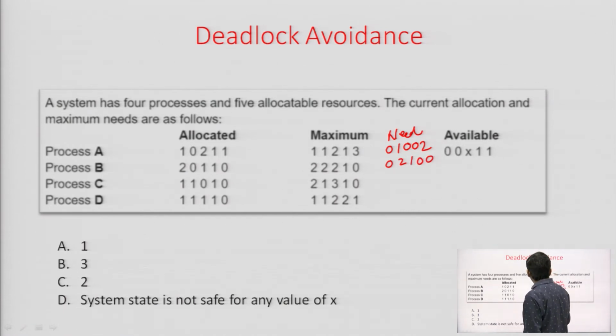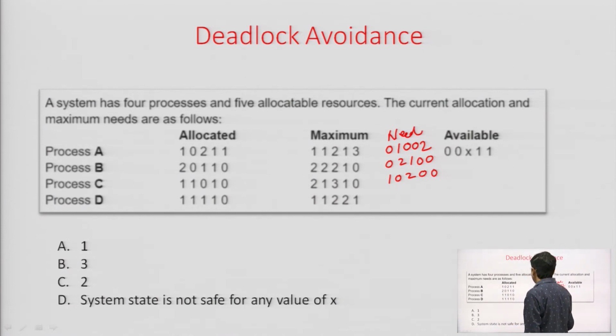You can clearly see that the need of this process also cannot be satisfied at the moment. The need of the third process will be 1, 0, 2, 0 and 0. Now, you can see that the need of this process can also not be satisfied. There is no match with the available. So, up to now neither A can complete, nor B can complete, nor C can complete.